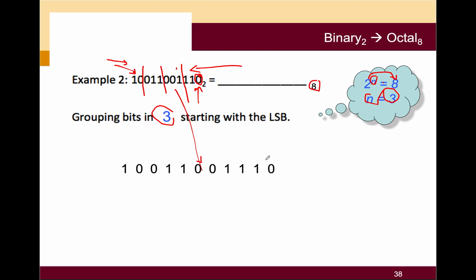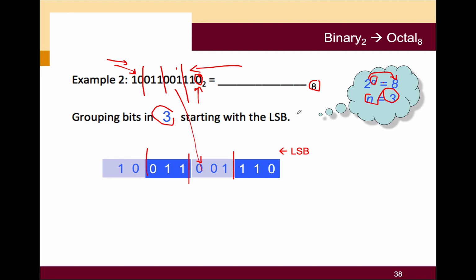You bring it out, and you need to group it into 3, from the LSB, 3 bits, 3 bits, and you have basically this value of number.